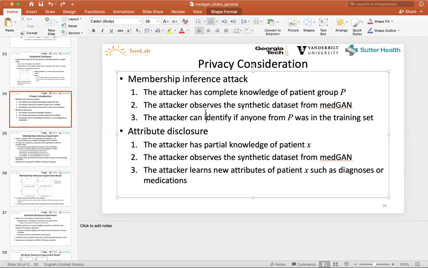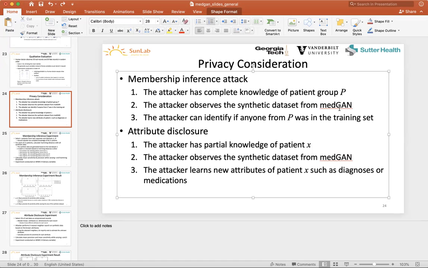So the attacker observes the synthetic data set from MedGAN, and the attacker can identify if anyone from the actual real one was in the training set, meaning the ones that are used to train MedGAN, because in order to train MedGAN, you need a real set of samples. Suppose an attacker knows a specific patient, say, in the Sutter Pen or whatever.